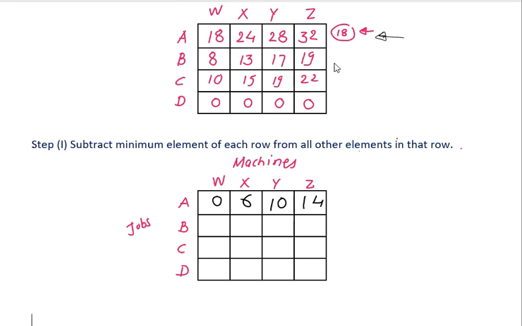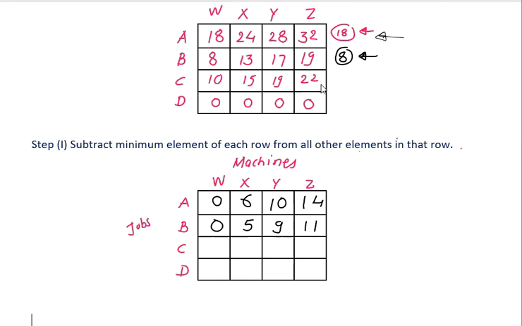Now, the smallest element in the second row is 8. Subtracting 8 from all the entries in the second row, we get 8 minus 8, 0, 13 minus 8, 5, 17 minus 8, 9, 19 minus 8, 11.